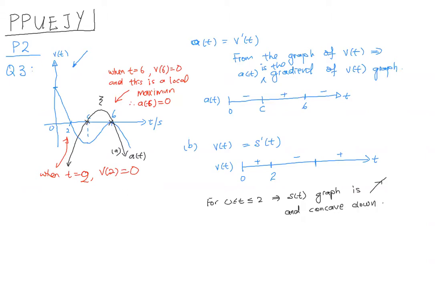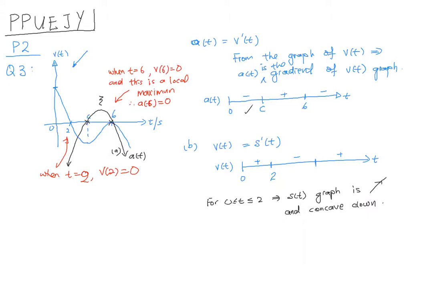Agree? Okay, from here, concave down. So it can be 1, it can be 2, it definitely cannot be 3. So graph part 3 out.